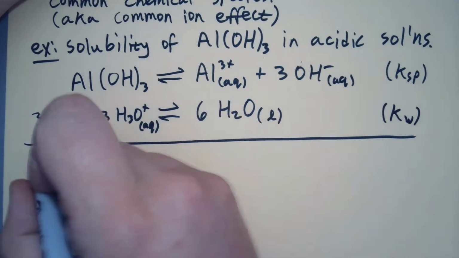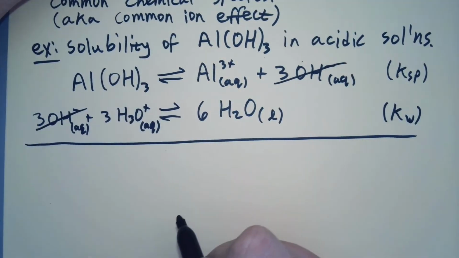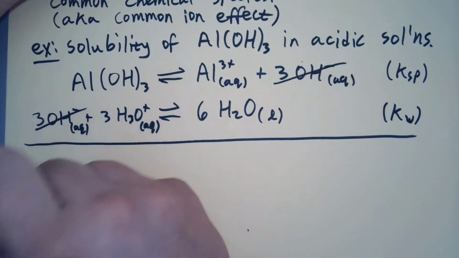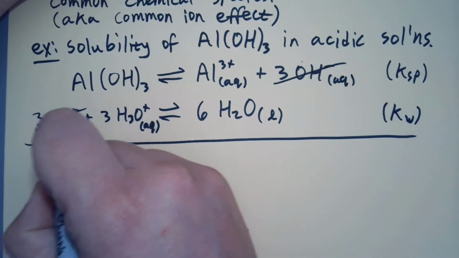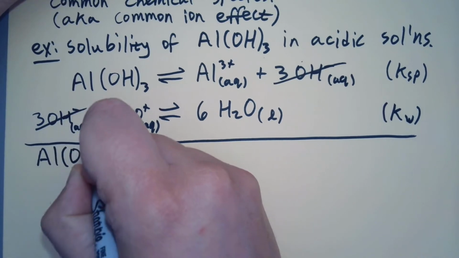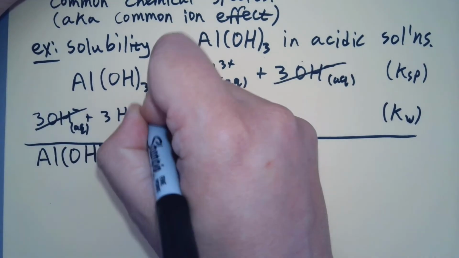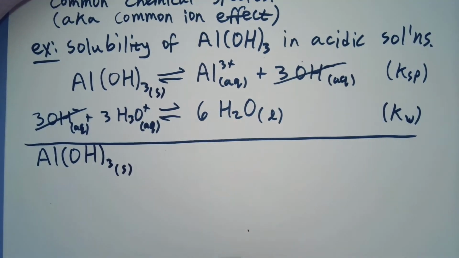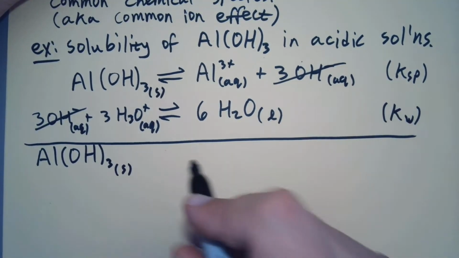Now if I add them up, I get to cross out any stuff that's in common. And so I get the following. That's solid, by the way. That's a key detail. I want to make sure you have that in there. And then, okay, I got liquid there. All right.